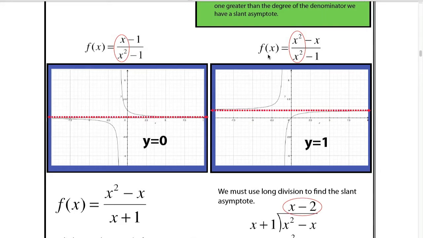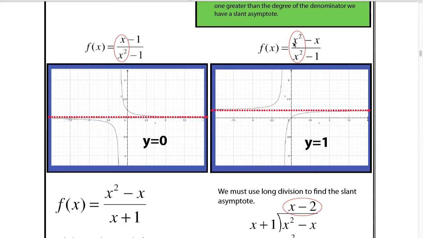The next setting is where the degrees are the same. This one's just about as easy, but it's not guaranteed to be the same thing all the time. The previous one, of course, is just y equals 0 all the time. If you have degrees that are the same, this is your horizontal asymptote.